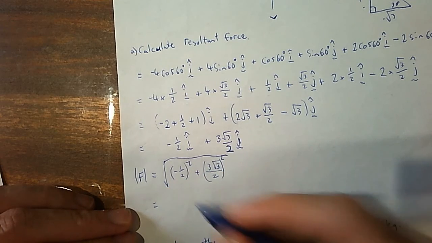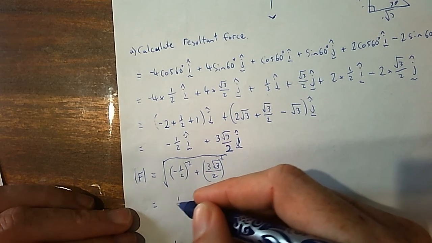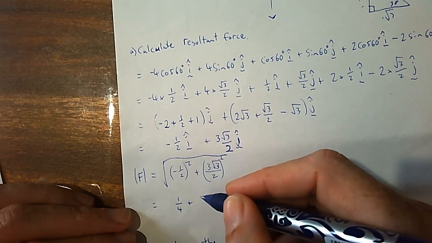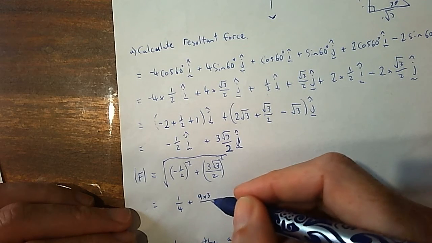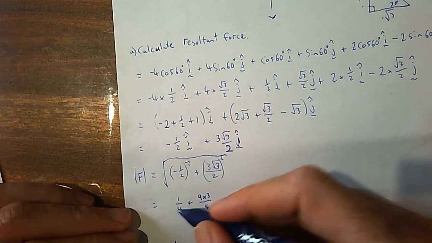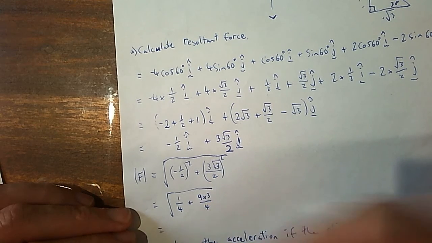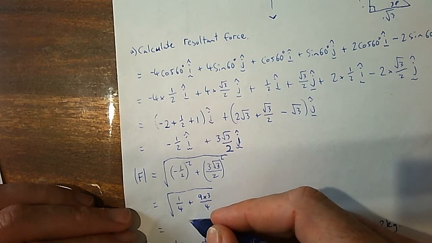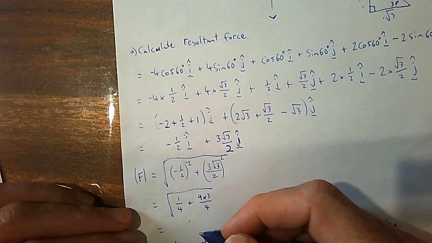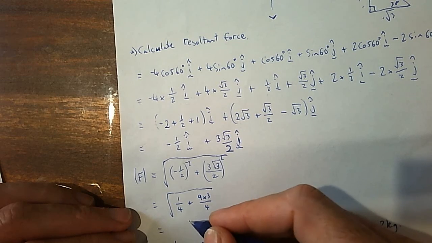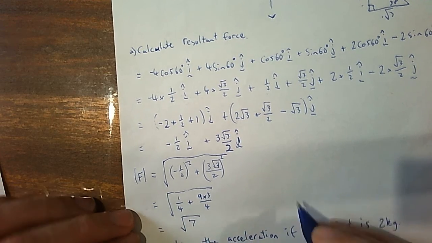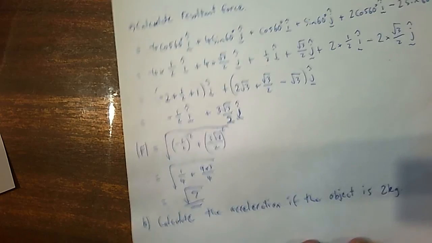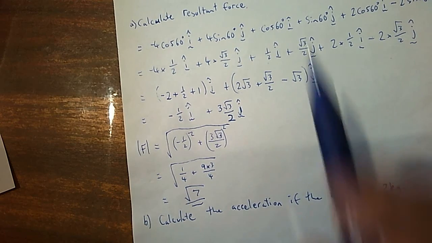And if I do that, squaring that is going to be a quarter. Squaring this is going to give me 9 times by 3 divided by 4, and all square root. Then when I do that, I'll end up with 9 times 3 is 27, plus 1, 28 on 4. And if I simplify 28 on 4, I'll end up with 7. So I have a magnitude of this force of square root of 7. So my resultant force is square root of 7.